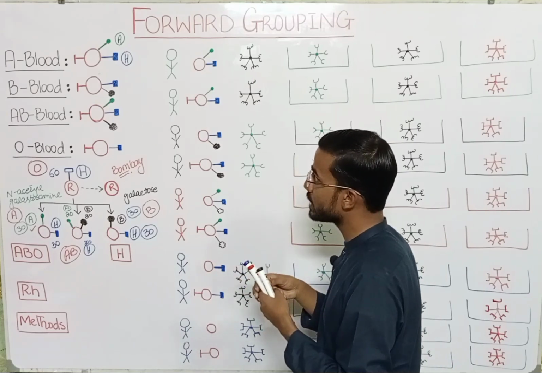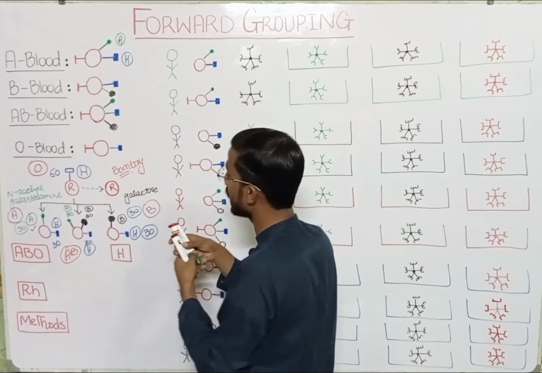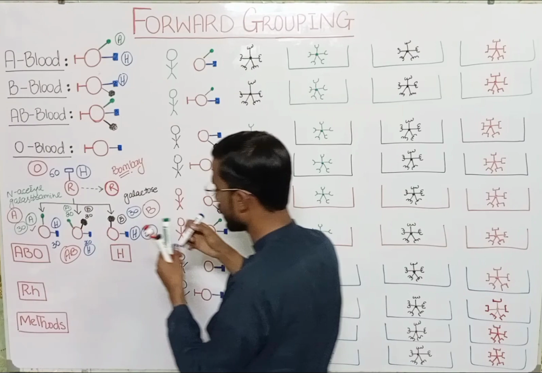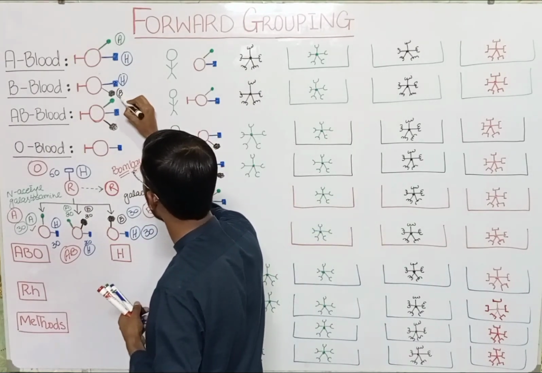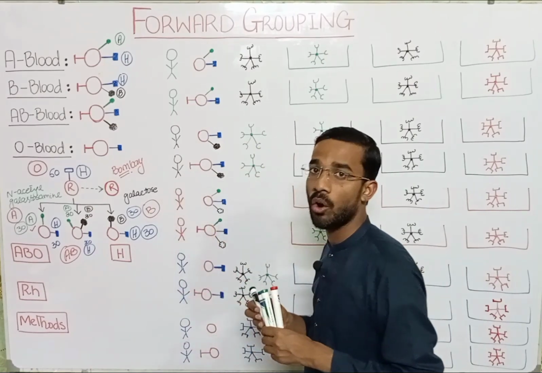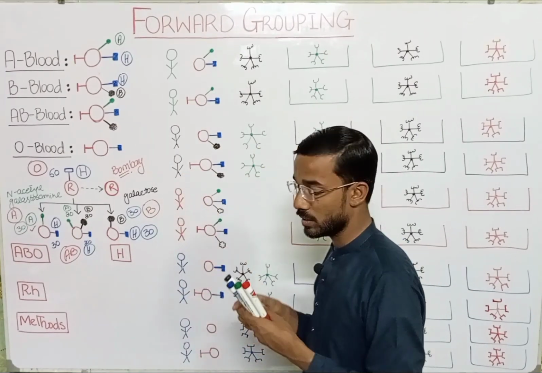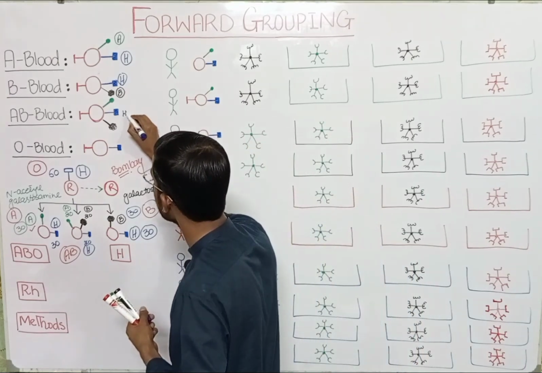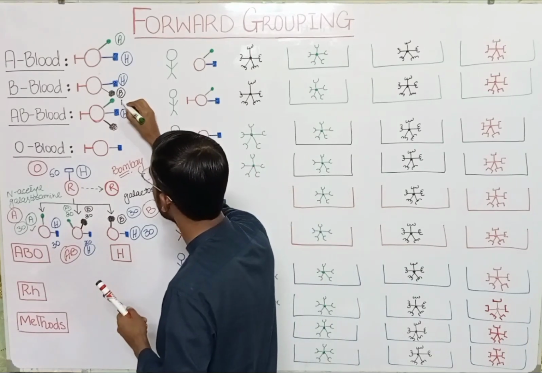Next, in the B blood group, you will see the presence of H antigen and also the B antigen on the RBCs of the B blood group persons. In AB blood, we see three antigens: the H antigen, A and B antigen.